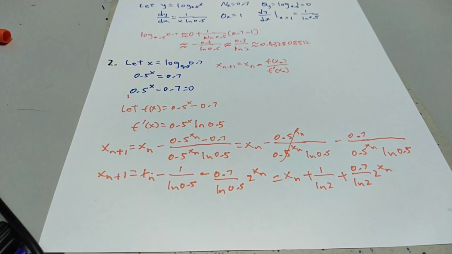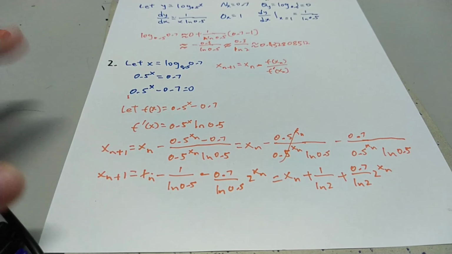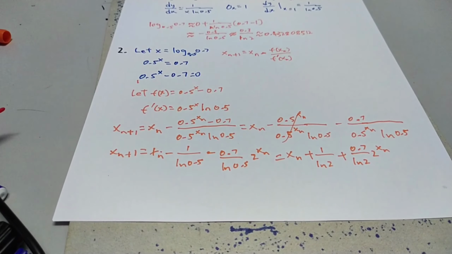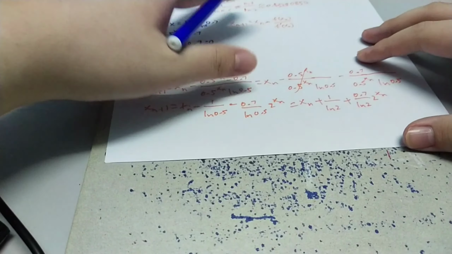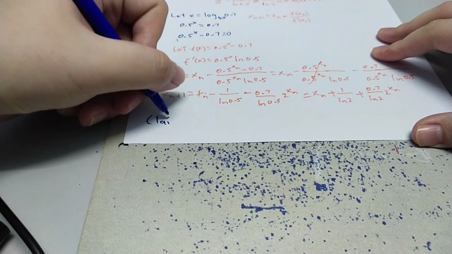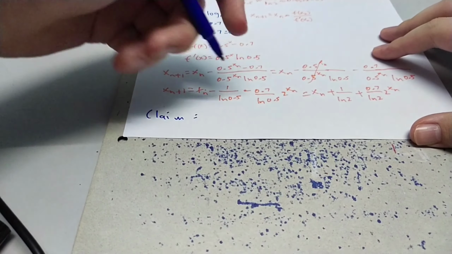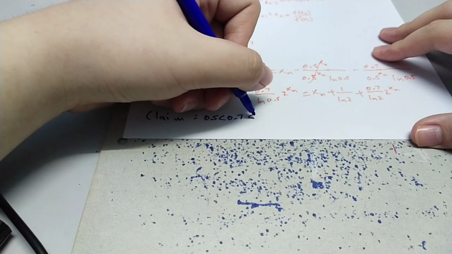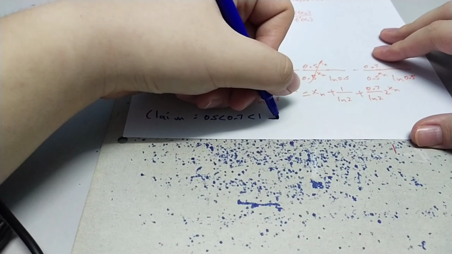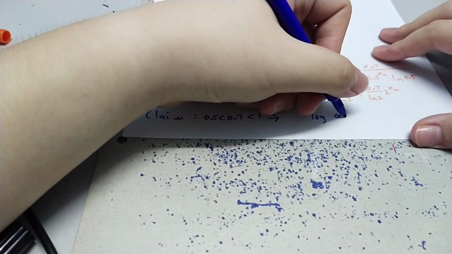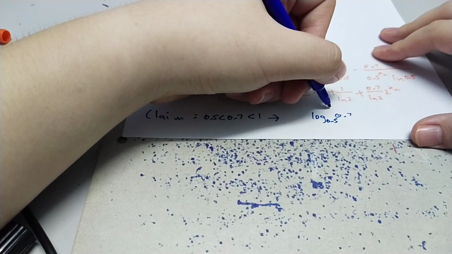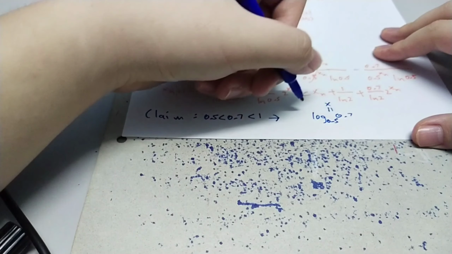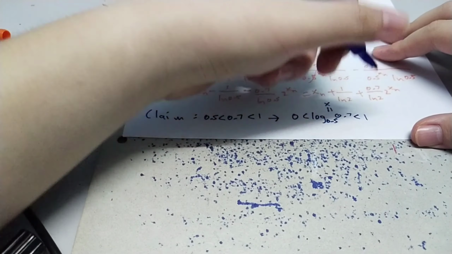But don't worry, for this equation I can figure out the interval of the value of x. So here's the claim. Since I know that 0.7 is in between 0.5 and 1, the log of 0.7 with base 0.5, which is the value of x, is going to be in between 0 and 1.